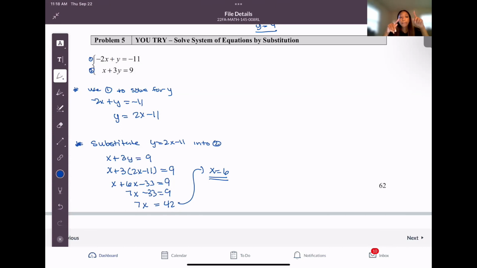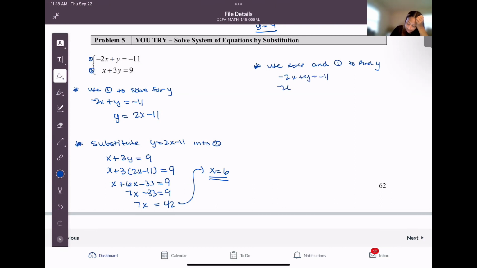Now that we have this, we know x is equal to 6. We can plug it into either of those original equations to then find y. I'm just going to plug it into the original one. So we're going to use x equals 6 and equation 1 to find y again. So we have negative 2x plus y equals negative 11.